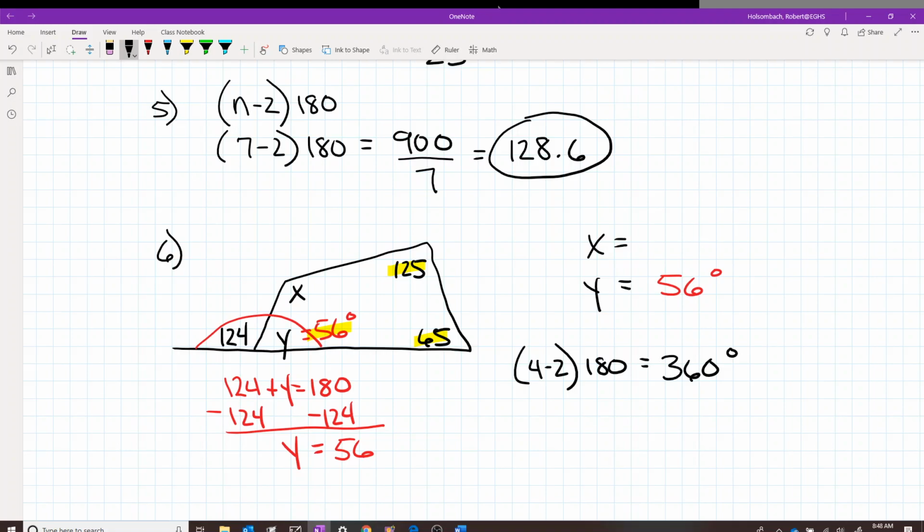So if you subtract the 3 yellows that are given, if you subtract your 56 and your 65 and your 125, what's left is what x is equal to. Which is 114.